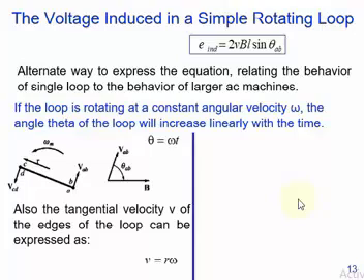If we say that v is equal to r omega, then E induced, which we have already obtained, can be written as 2r omega BL sine omega t. Now what we have done is just substitute the values of theta equal to omega t and v equal to r omega.